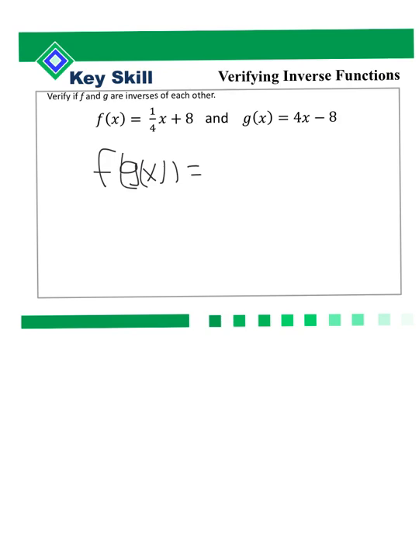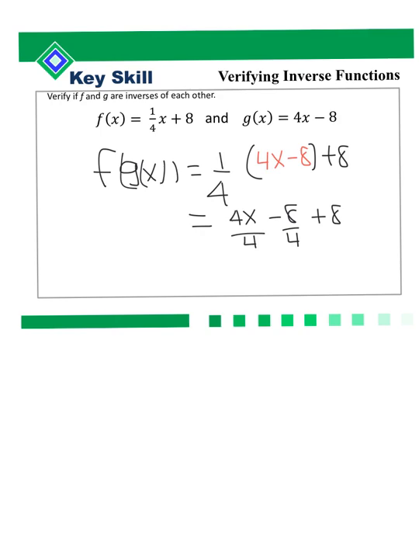And this just means I take the f function, and instead of x, I'm going to plug in 4x minus 8, plus 8, and that means I get 4x over 4 minus 8 over 4 plus 8, and what do I get? So x minus 4 plus 8, which is x plus 4.